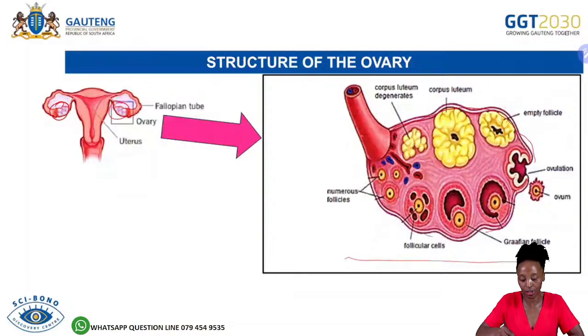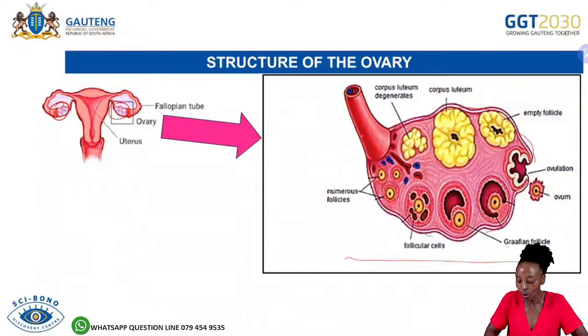The next part of this lesson today is on gametogenesis. So you will learn more about the epithelium and how it gives rise to the follicles. But in the ovaries, there are follicles, and as the follicles grow, they become mature. There's an ovum inside that is also becoming larger and maturing.